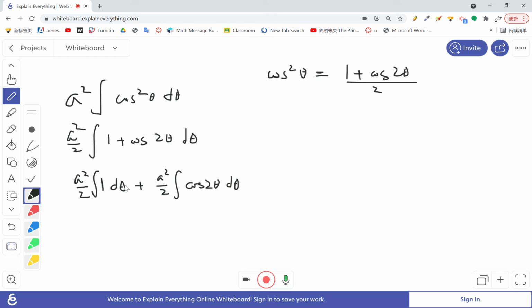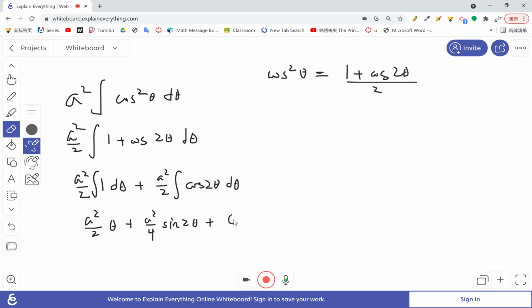The integral of 1 d theta is just theta, so we have a squared over 2 theta plus a squared over 4 times sine of 2 theta, plus c. And this is our indefinite integral.